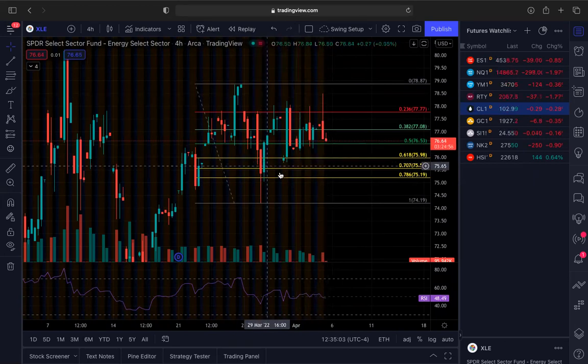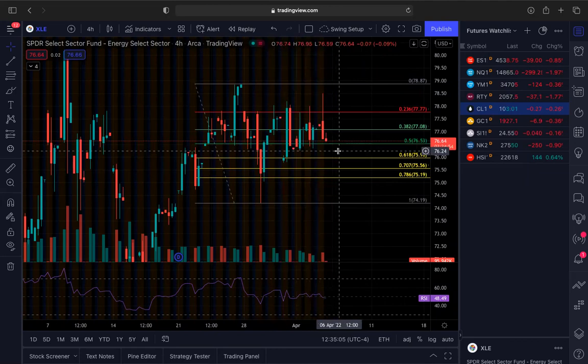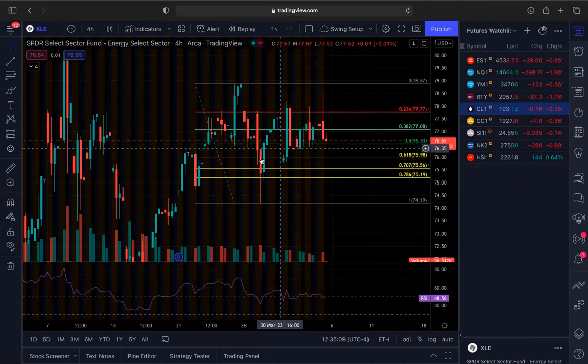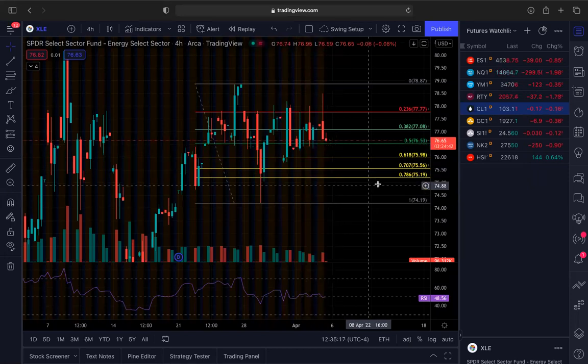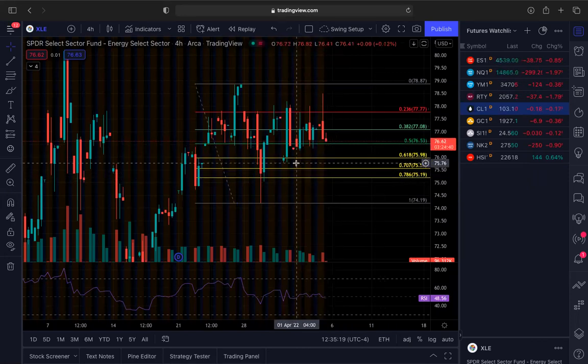So the golden pocket, each fib level can act as a support and it can act as a resistance. It might only test the golden pocket one time, and then it starts making higher lows. Each fib level is still valid as far as support or resistance goes. It's just that the golden pocket is considered a deeper retracement, and that's going to lead me into my last note for this workshop meeting.